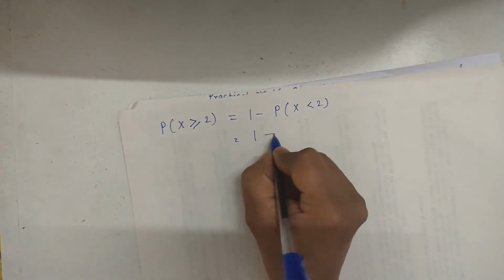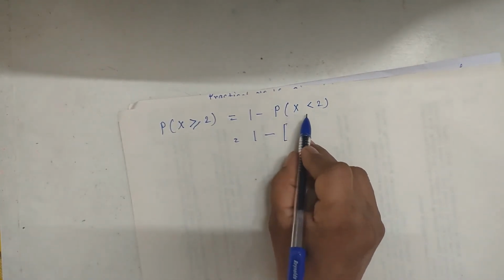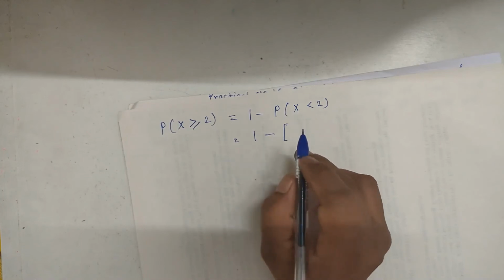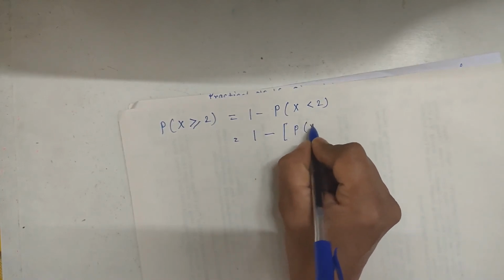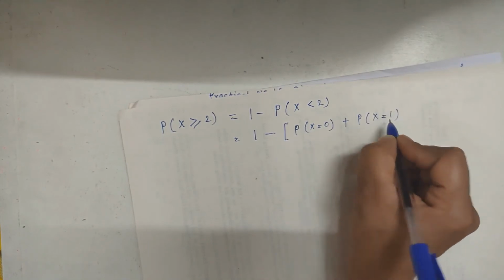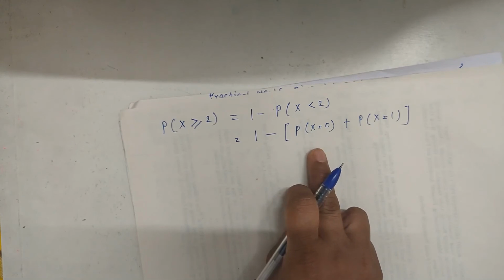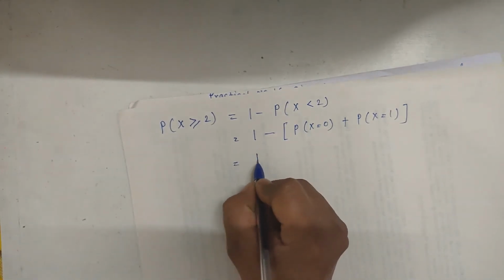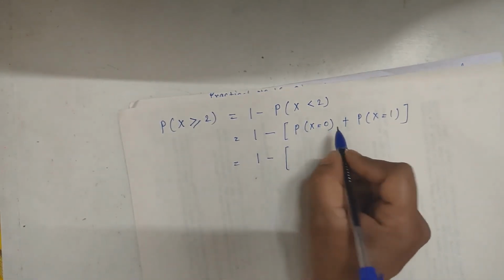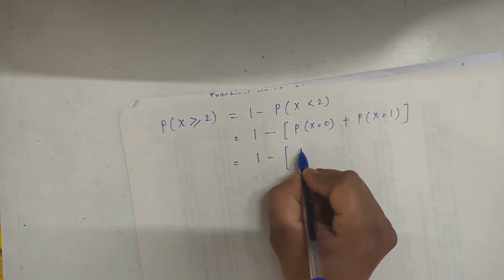Here the probability of x less than 2 means the probability of x is equal to 0 plus the probability of x is equal to 1, because x less than 2 means x is equal to 0 and x is equal to 1. So 1 minus the probability for x is equal to 0 using the binomial distribution.